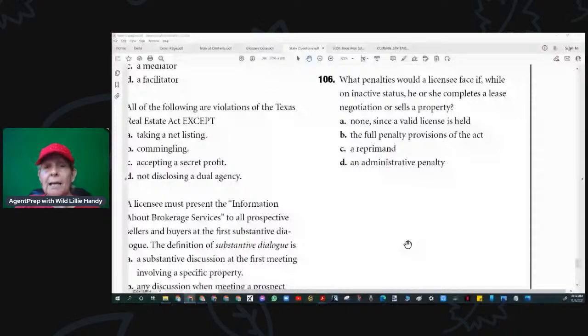And let's say an agent has been a realtor. However, they didn't renew their license in time, so they go inactive. TREC does give us 60 days if we don't finish our courses within the deadline of our renewal date, and we'll have to pay an additional penalty of $200. If we don't complete our continuing education courses within that time, then we become inactive.